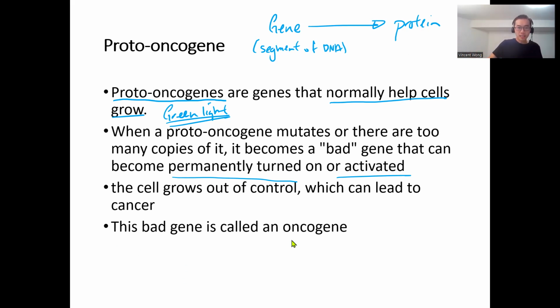So the bad gene is called an oncogene. The proto-oncogene is the normal version that makes a green light to help the cell divide. When it mutates, it's always green. It's permanently green and keeps the cell dividing. In that case, we call it an oncogene. Does anybody have any questions?